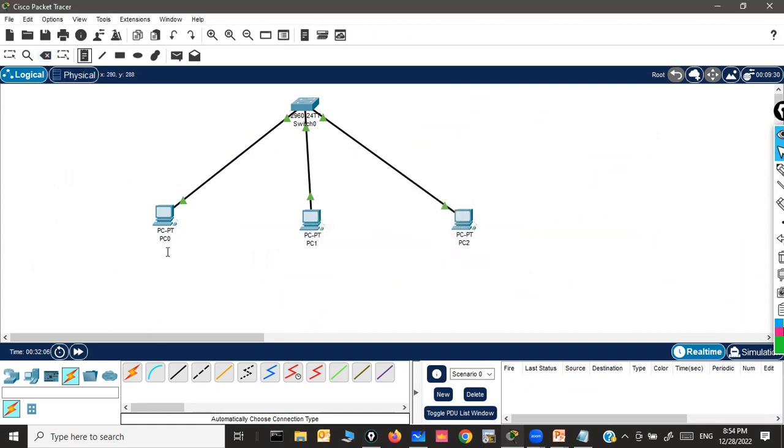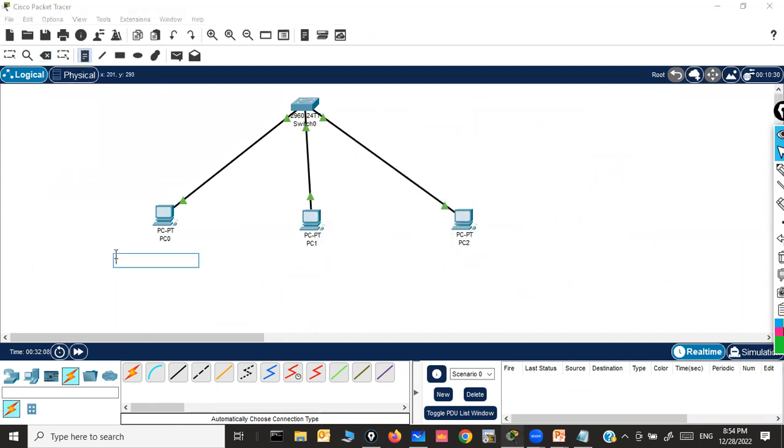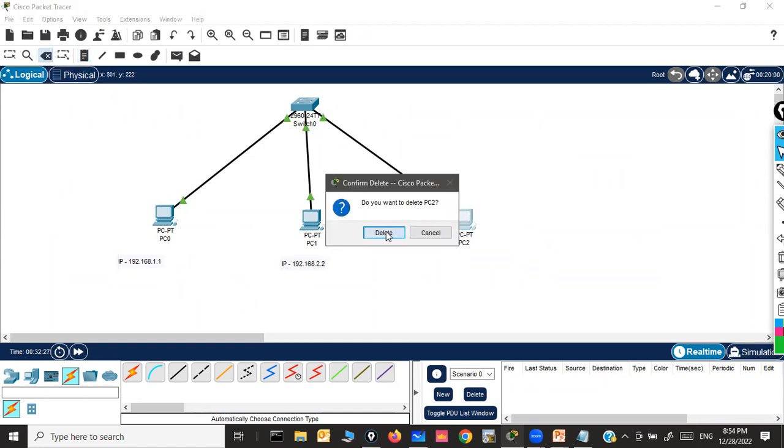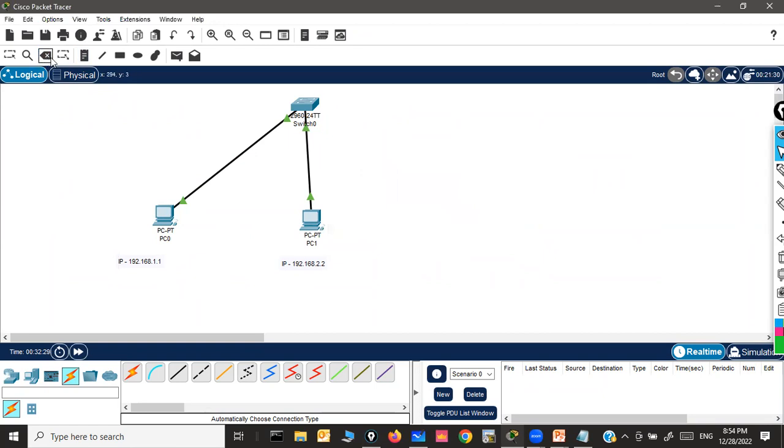Okay, so now you understand IP address. Here, if I assign IP address 192.168.1.1 to this machine and IP address 192.168.2.2 to the other, ignoring this one machine that I'm not going to use, only two computers.